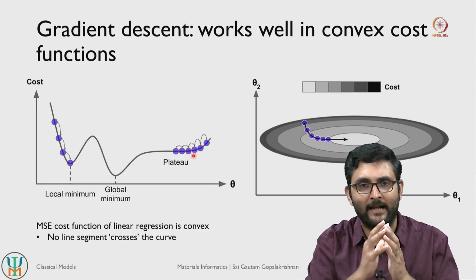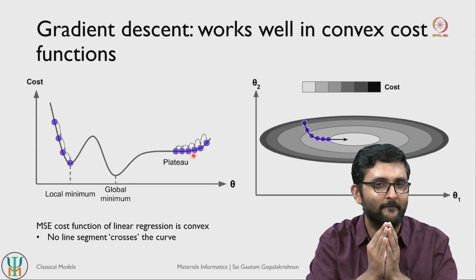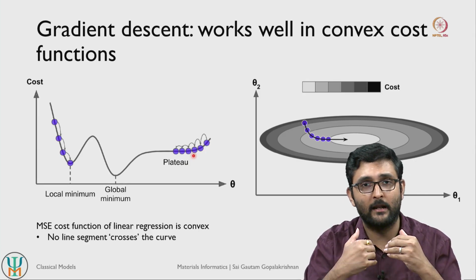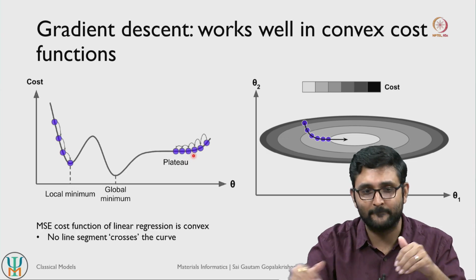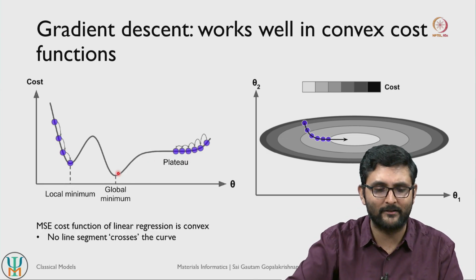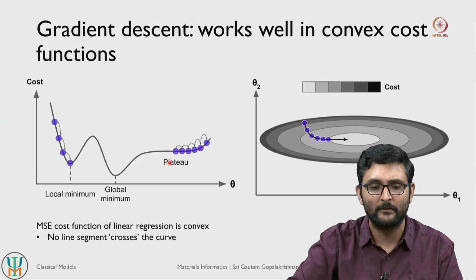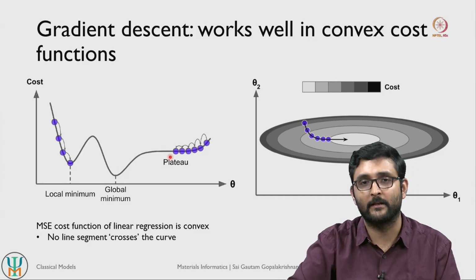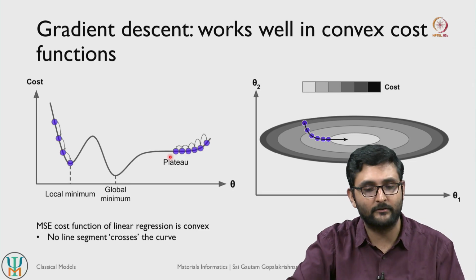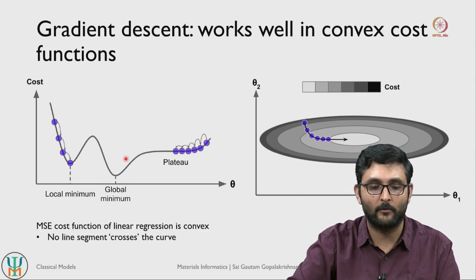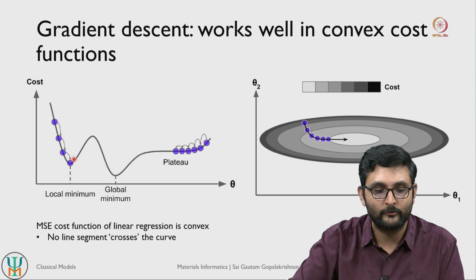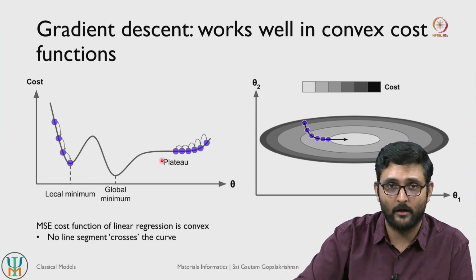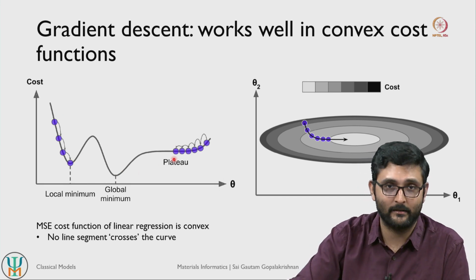If you are calculating slopes and the slopes are very small, then you may have to take a lot of steps before the model can actually reach an optimal set of weights. So the model will basically be stuck in this plateau for a long period of time. You will have to spend a lot of computing resources to slowly move your model from here to the global minimum. So if you have non-monotonic cost functions, gradient descent can get stuck.